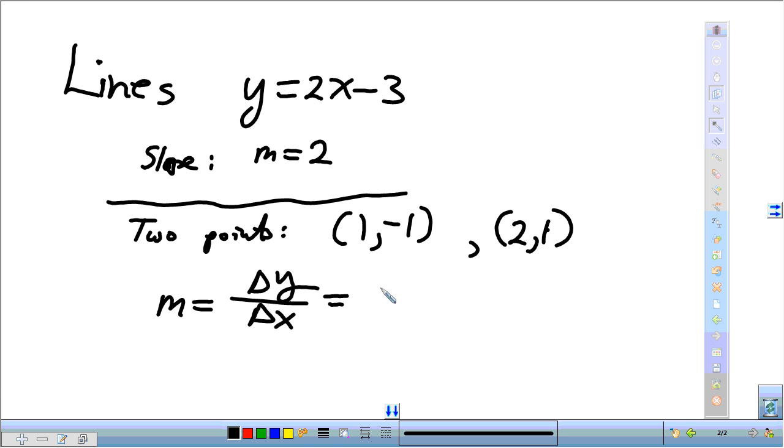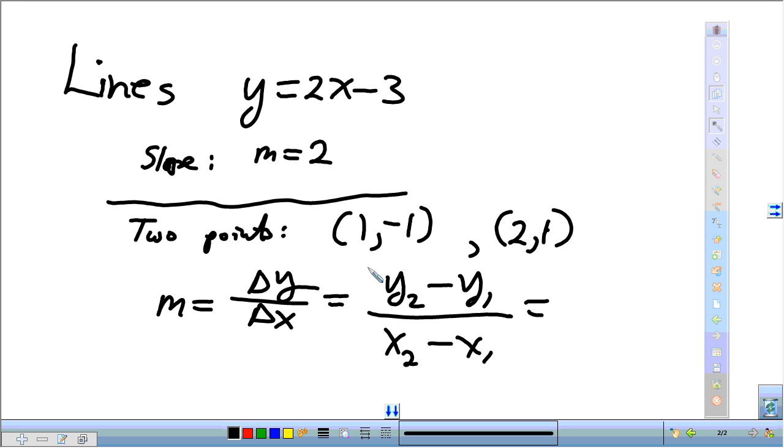We've also written that as the difference in the y coordinates divided by the difference in the x coordinates. So from the 2 points, we get a difference in the y's over a difference in the x's, and end up at the same value too. So different ways we've addressed lines and their slope.